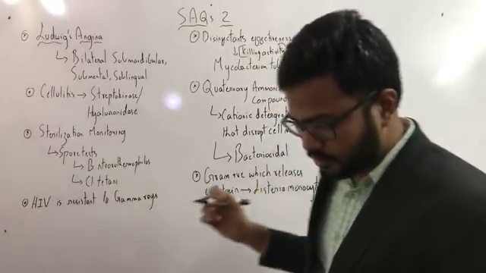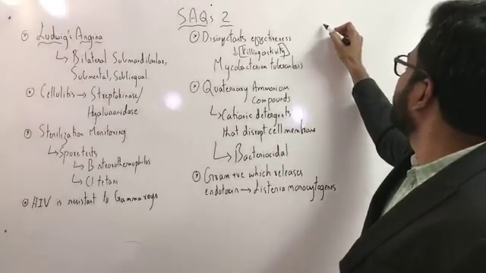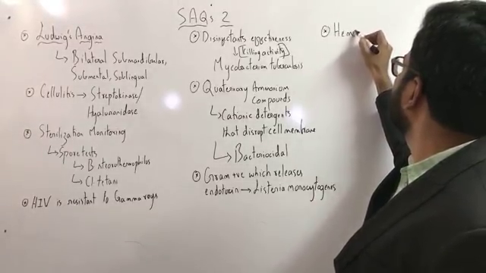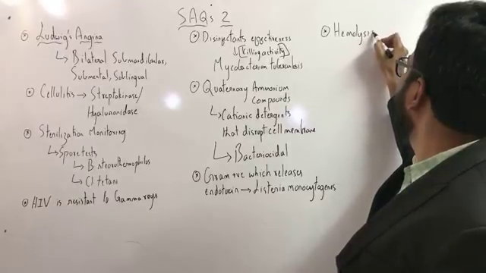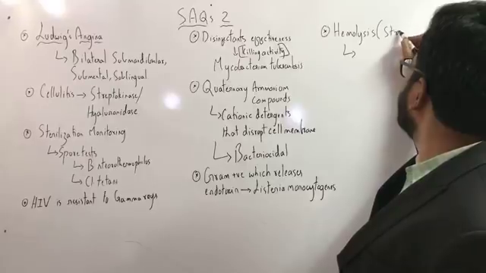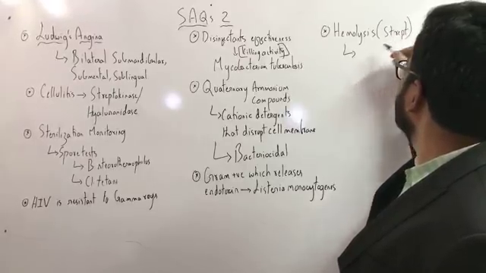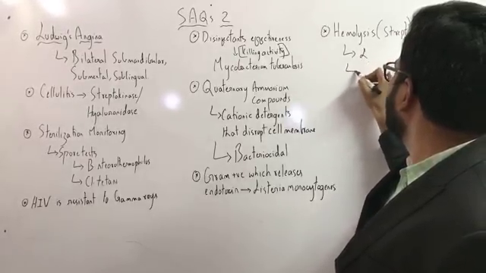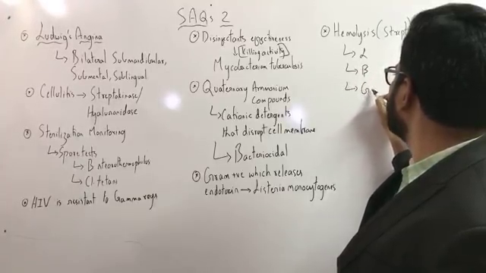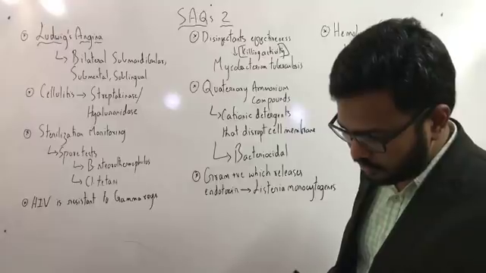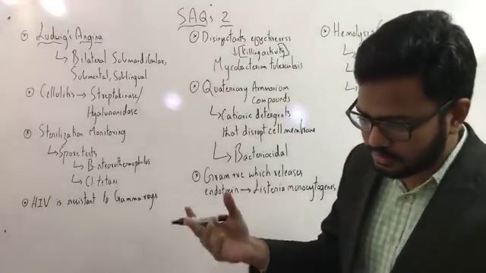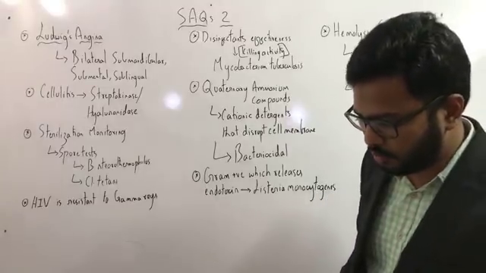So I shall write down here. Hemolysis, example, it's exhibited by streptococci. So you have alpha hemolysis, beta hemolysis, and gamma hemolysis, isn't it? Yes, in streptococcal classification, as you all know.